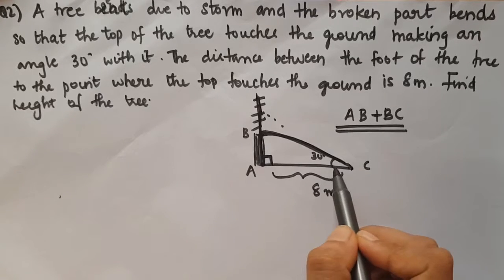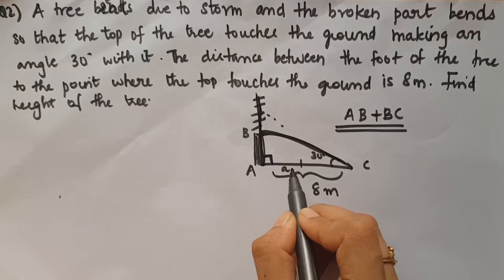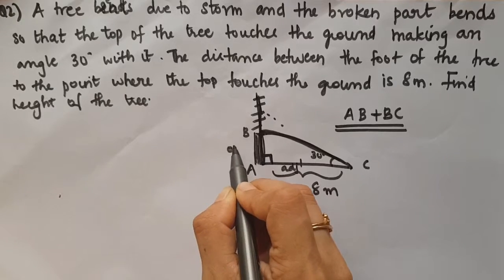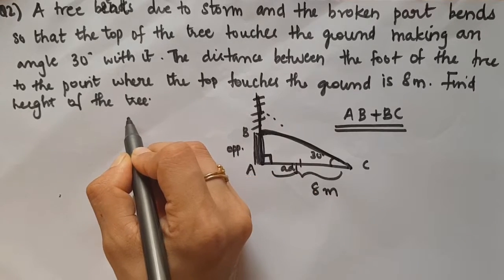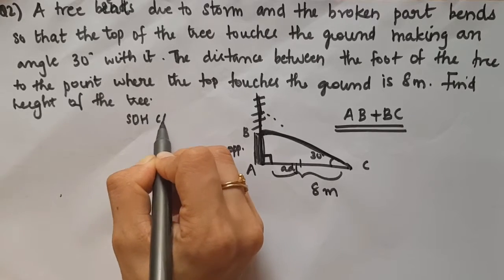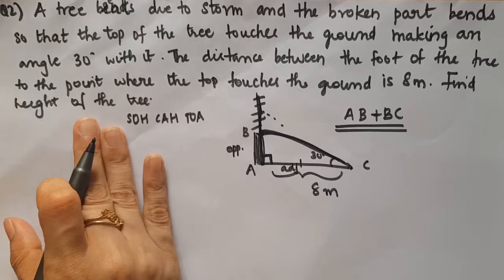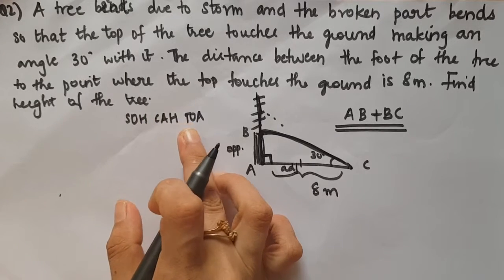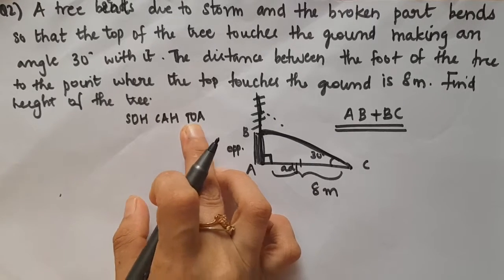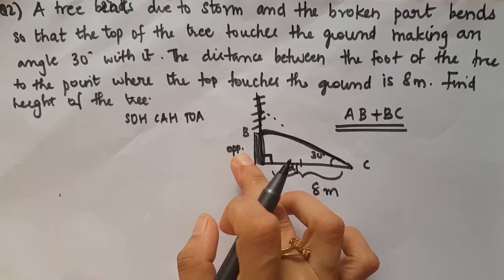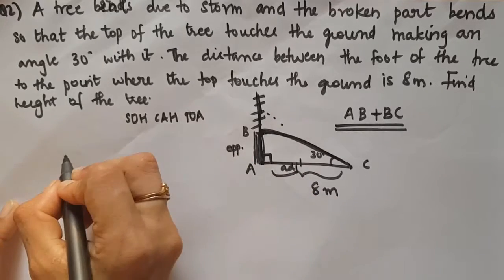We have the adjacent side given, and we have to find the opposite first. Which ratio will we take? We have the angle and the adjacent, but the hypotenuse is not known, so sine and cos are ruled out. We take the ratio tan, since we have the adjacent and have to find the opposite.